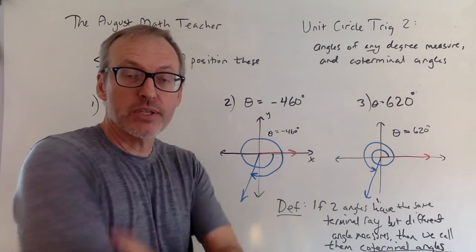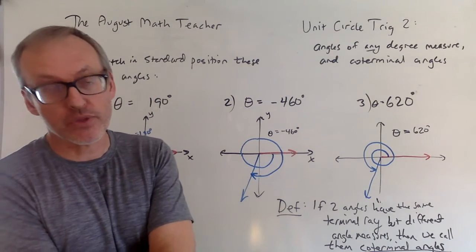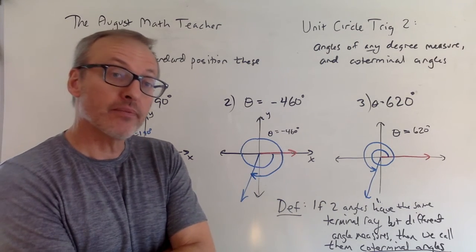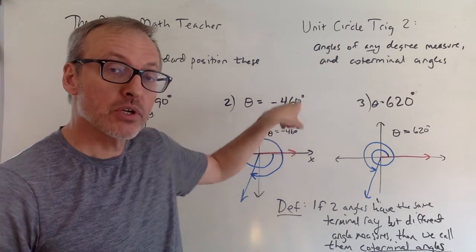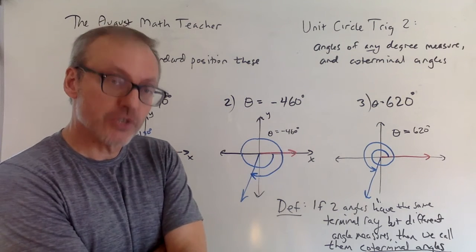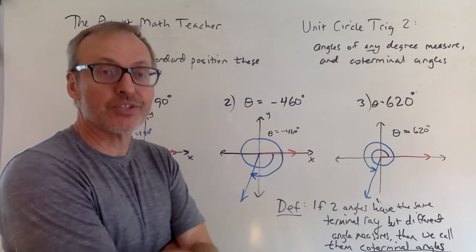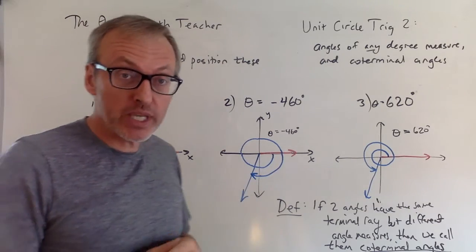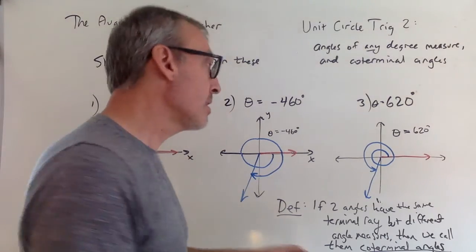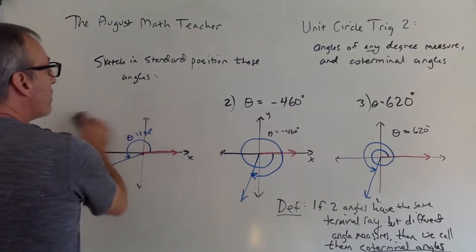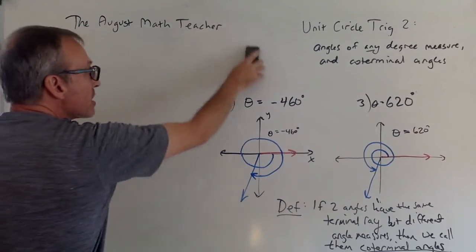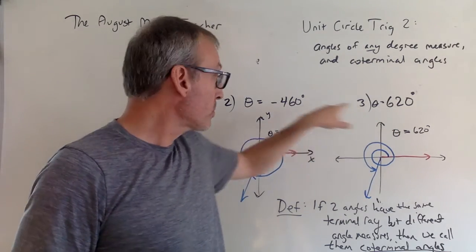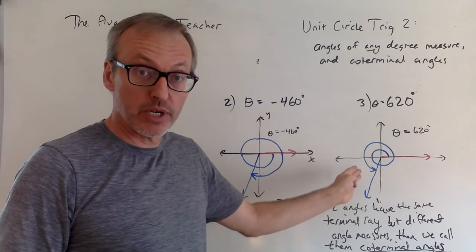Here is a question that I want us to answer before we move on to the third video in this series. How could you recognize numerically, just by looking at the numbers, that these are coterminal without actually drawing them? Obviously, when we drew them, we noticed it. But the question I have now is, how could we notice just from these numbers? I want you to think about what was true about how many spins there were here.